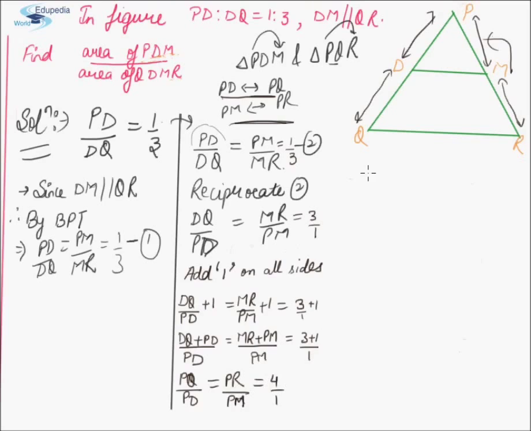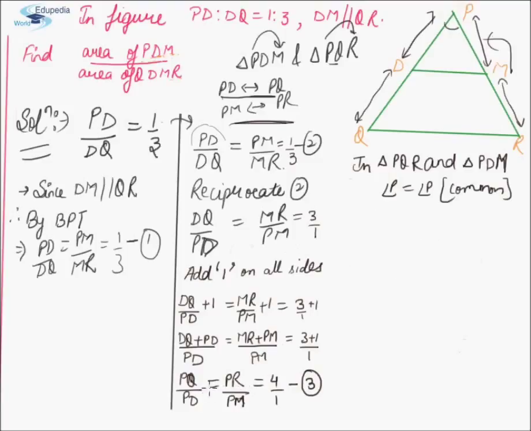Now if we name this equation as third, now consider the triangles, the complete triangle PQR and the short triangle, the smaller triangle PDM. In both the triangles we have angle P as common. So angle P of first triangle is equal to angle P of the second triangle.